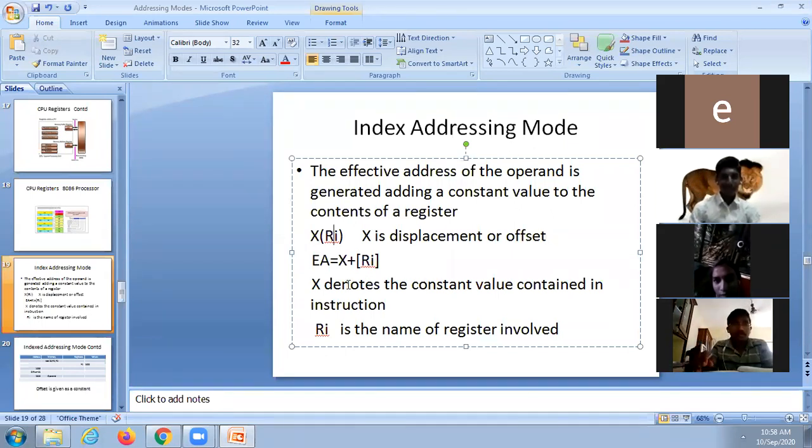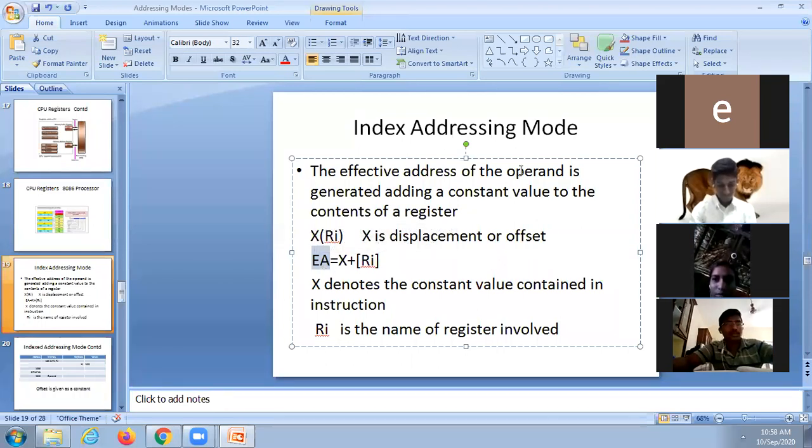This is called the effective address. Effective address means the physical address that you are going to point to the memory. That means this address is to be pointed in the memory for getting the data. This is the effective address where the data is available.